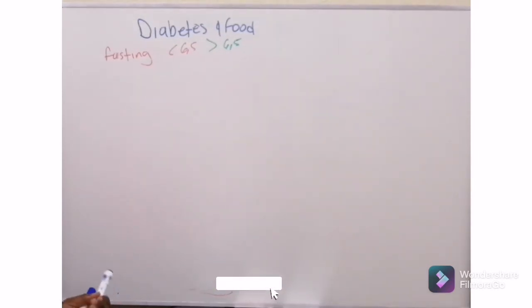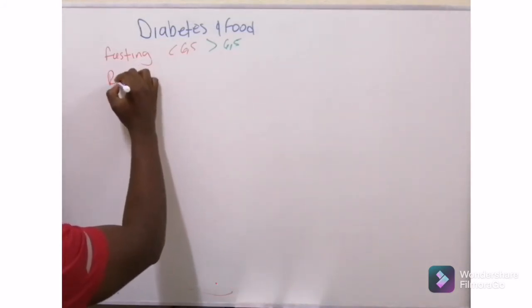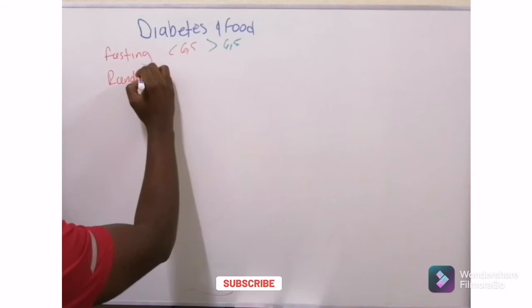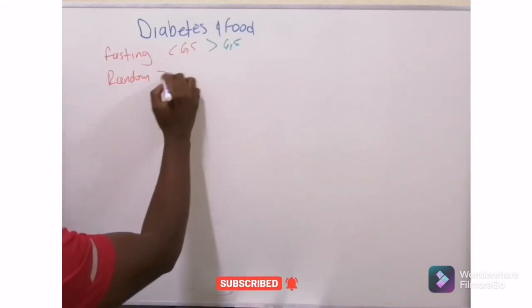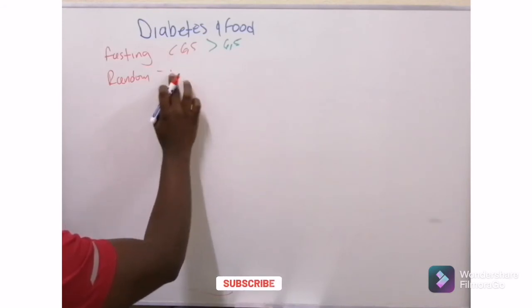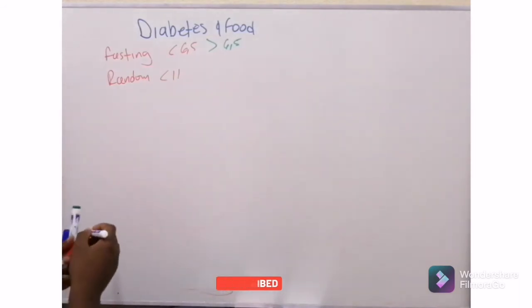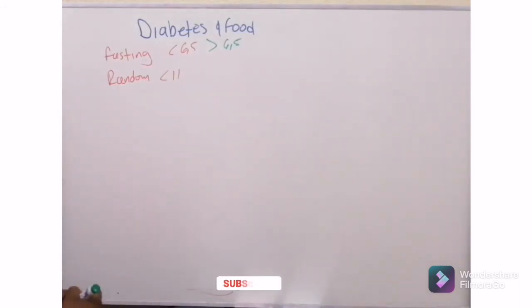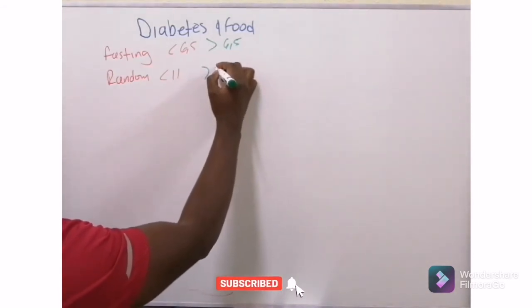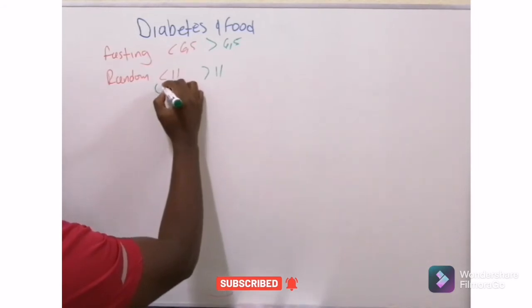Now, if you have eaten and then we check your blood sugar, it's called a random blood sugar. It shouldn't be more than 11. You want your blood sugar to be less than 11 two hours after you have eaten.